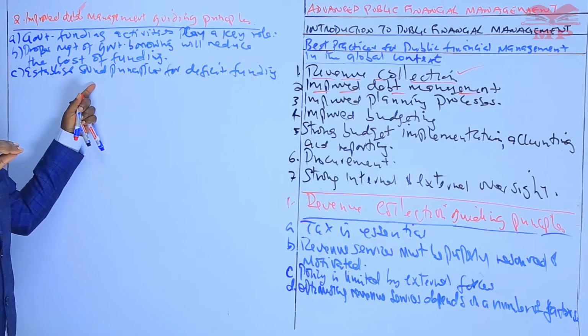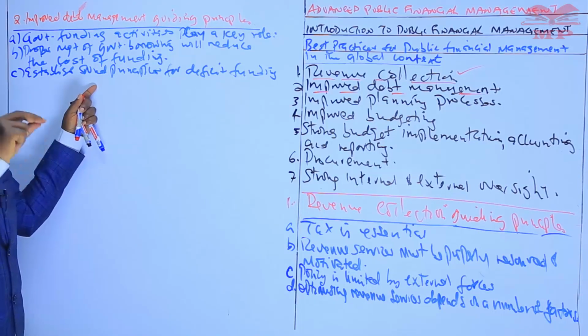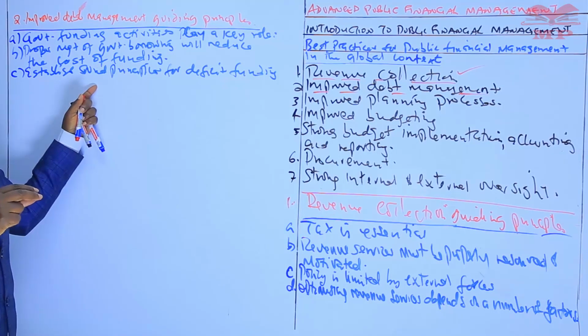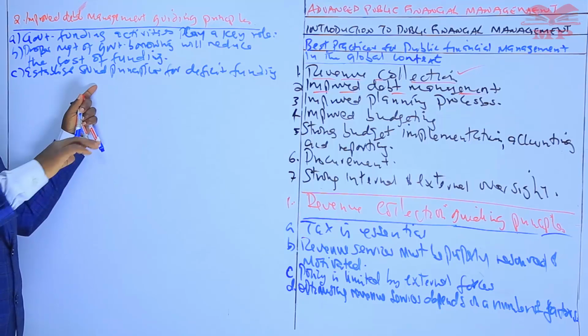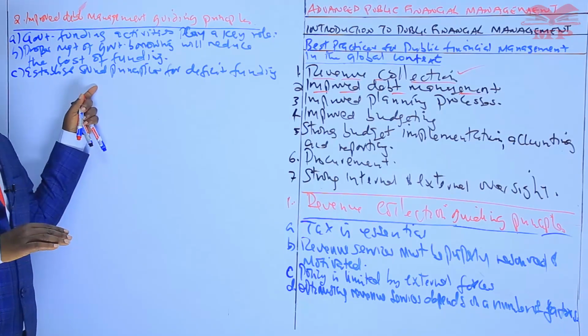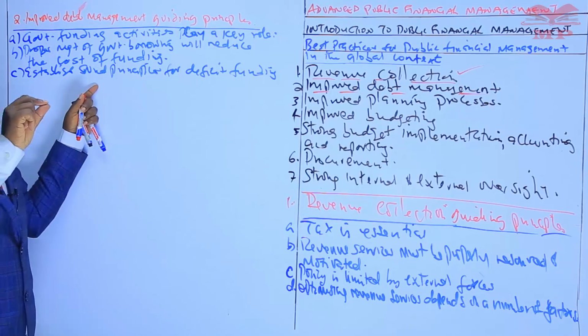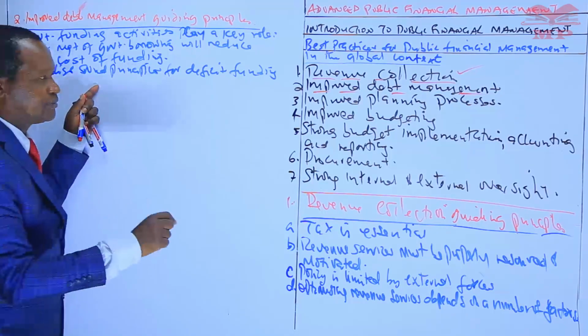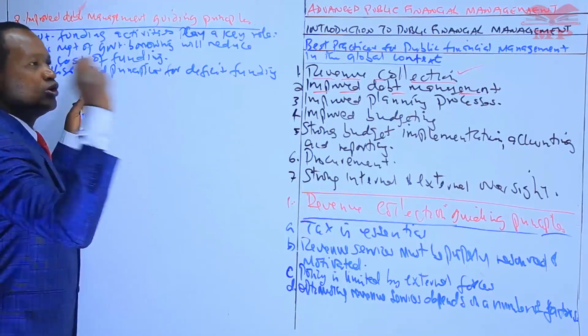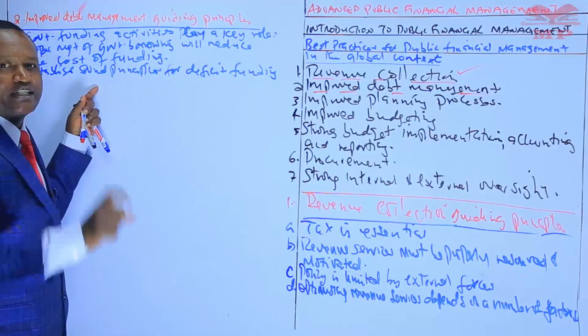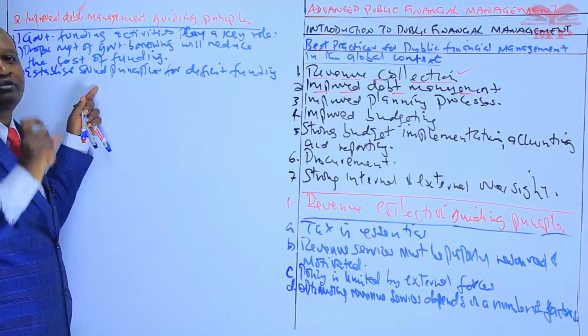Number two, there should be a clear and sustainable deficit target for the short term, medium term, and long term. There has to be clarity on that. What is the short-term deficit target? What is the medium-term deficit target? What is the long-term deficit target? That has to be established.